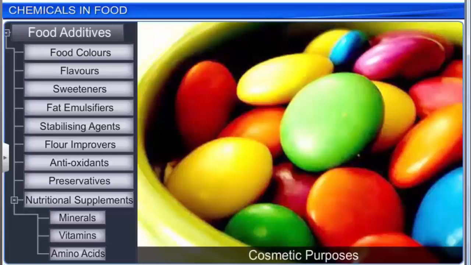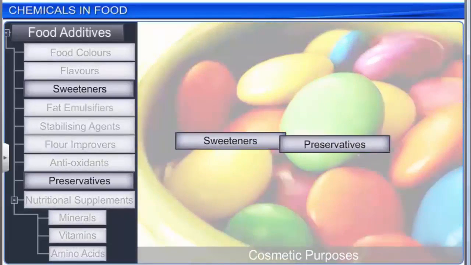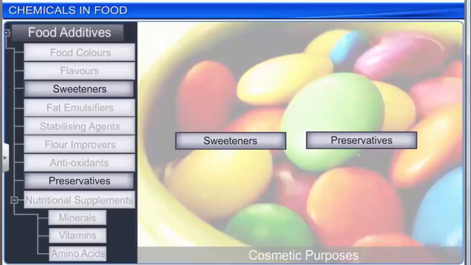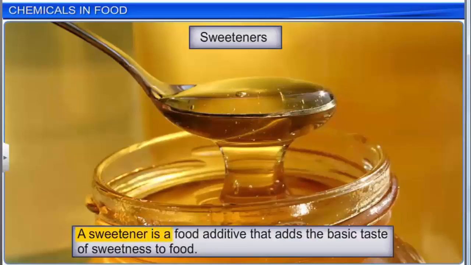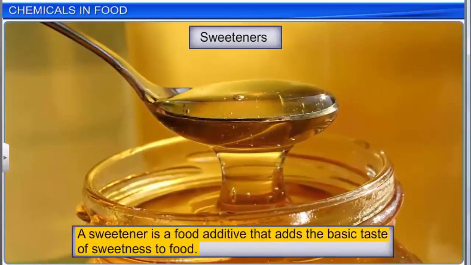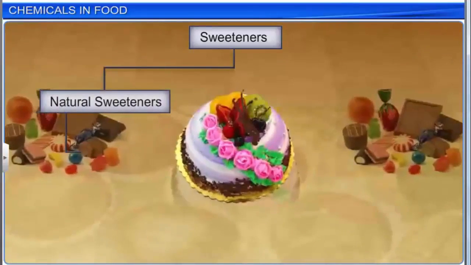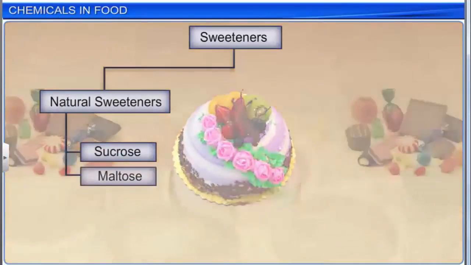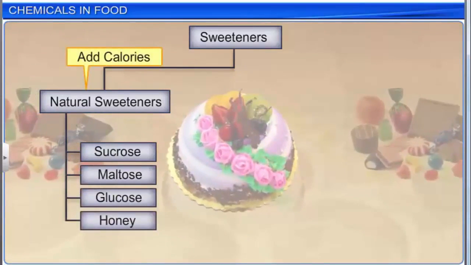Among these, let us take a look at the use of sweeteners and food preservatives. A sweetener is a food additive that adds the basic taste of sweetness to food. Natural sweeteners like sucrose, maltose, glucose, and honey add calories when consumed.